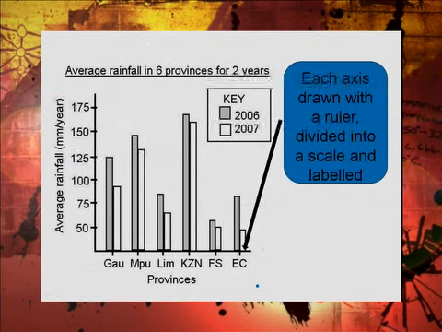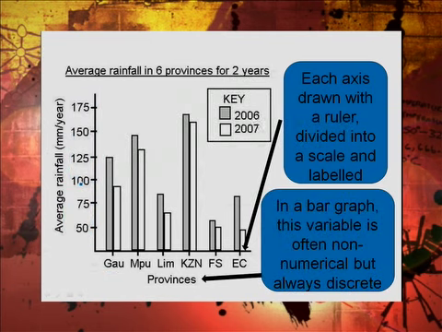Each axis should be drawn with a ruler, divided into a scale and labelled. And so here we've got Gauteng, Mpumalanga, Limpopo, etc. All the different provinces. Up here we've got the rainfall, 50 millimetres, 75 millimetres per year, 100 millimetres per year.